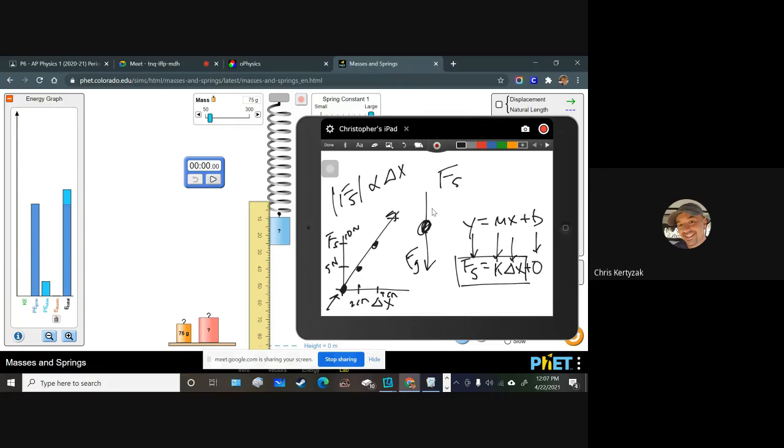So if this line, this graph that we've drawn on the left side, was more steep in its profile, that would indicate, maybe the first data point was actually here when we stretched it to 2 centimeters.